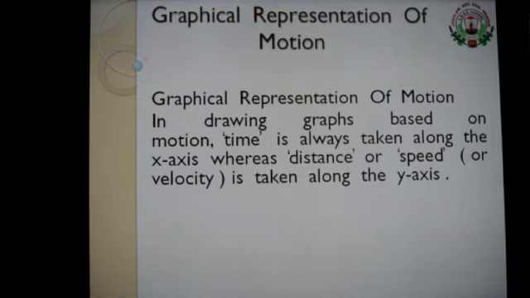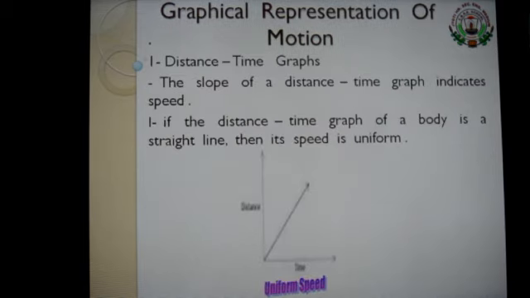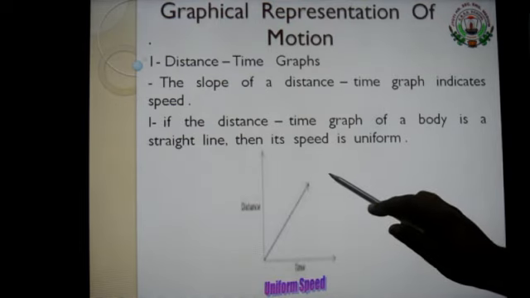In other words, the distance travelled is directly proportional to time. Thus, for uniform speed, a graph of distance travelled against time will be a straight line. That is, the distance time graph of a body moving at uniform speed is always a straight line.